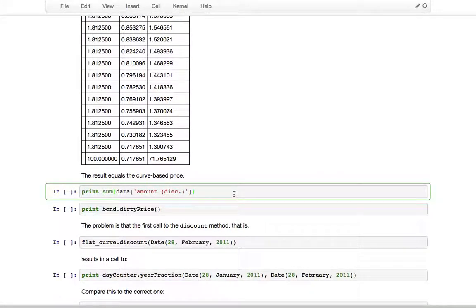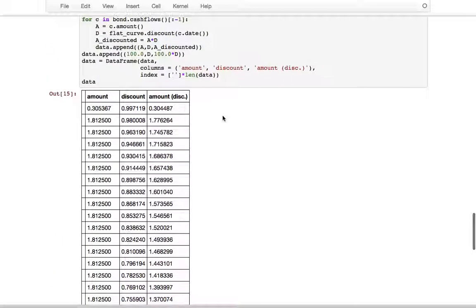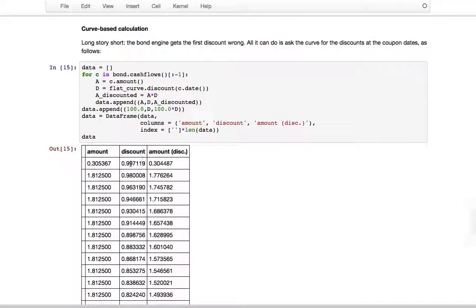By adding this, we get the same result as we get from the bond using the pricing engine, which again confirms that this is the same calculation it's doing. The problem is that we might compare the various quantities, but we can see that the very first discount is not correct.